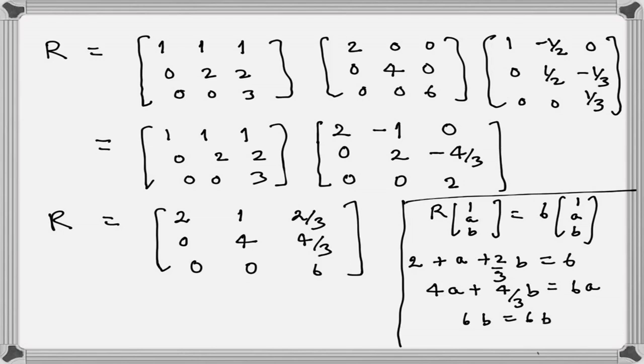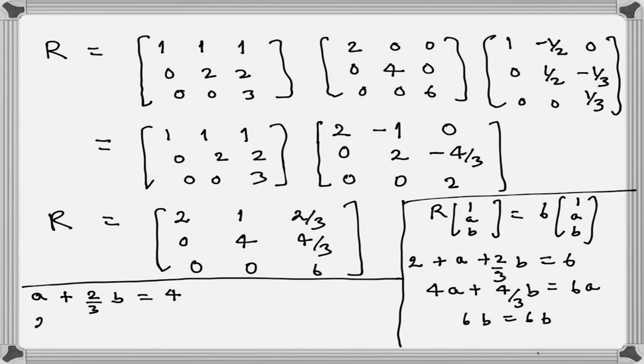If you simplify it, you get a plus 2/3 b equals 4, and 2a minus 4/3 b equals 0.